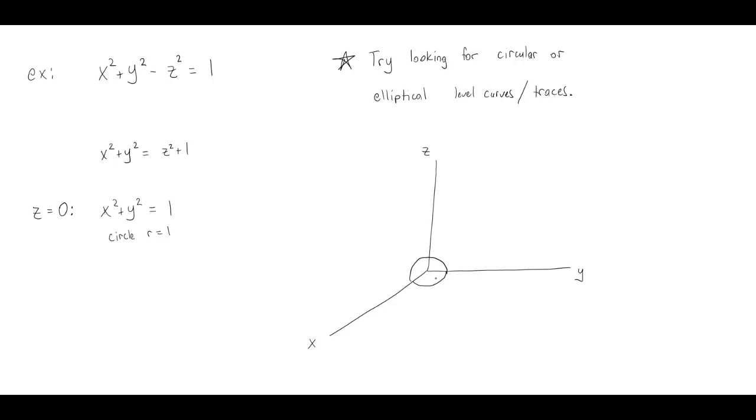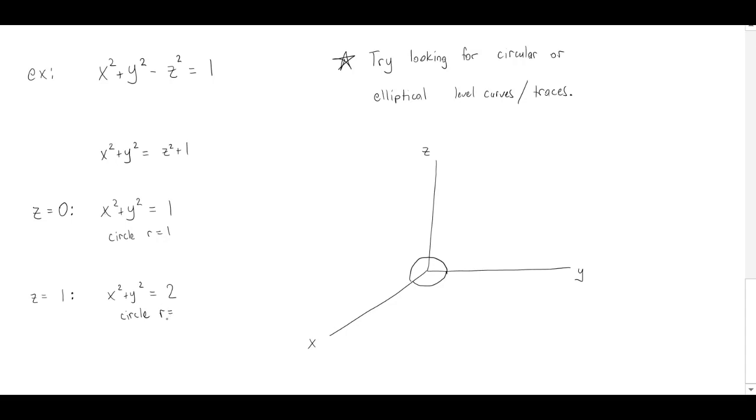Now let's plug in z equals 1. When z equals 1, we get the equation x squared plus y squared equal to 2. Again, it's a circle. This time, what's going to be the radius of the circle?